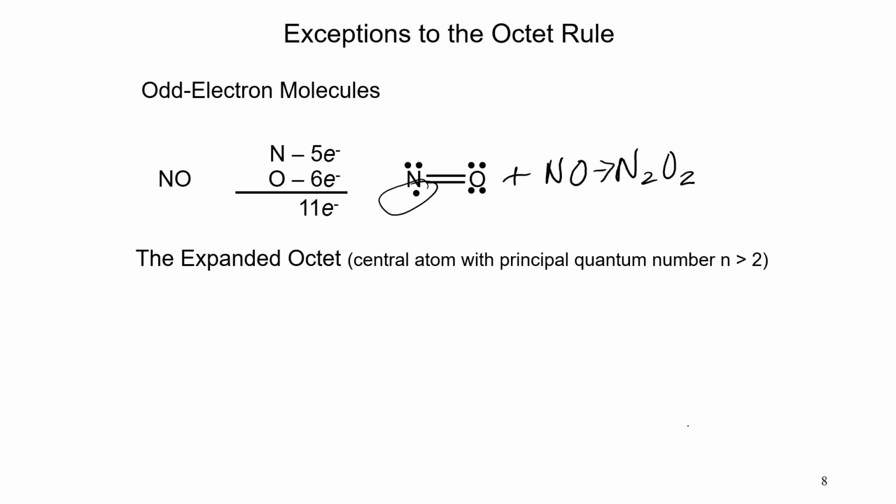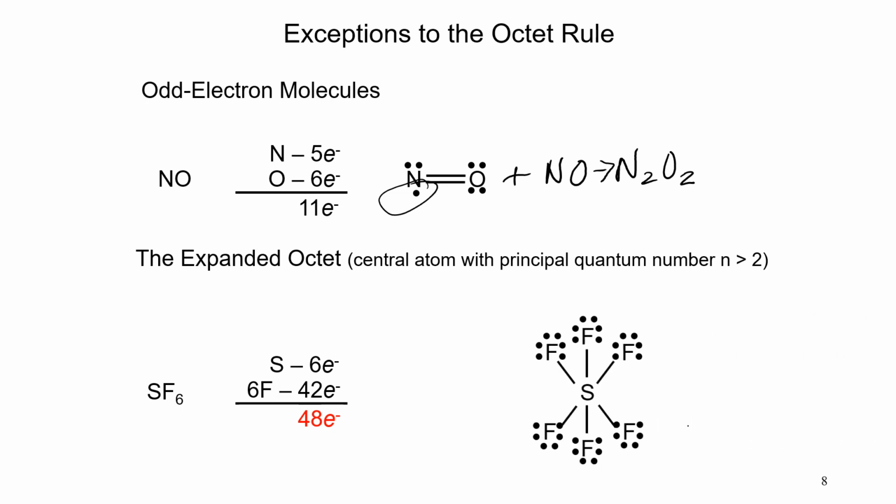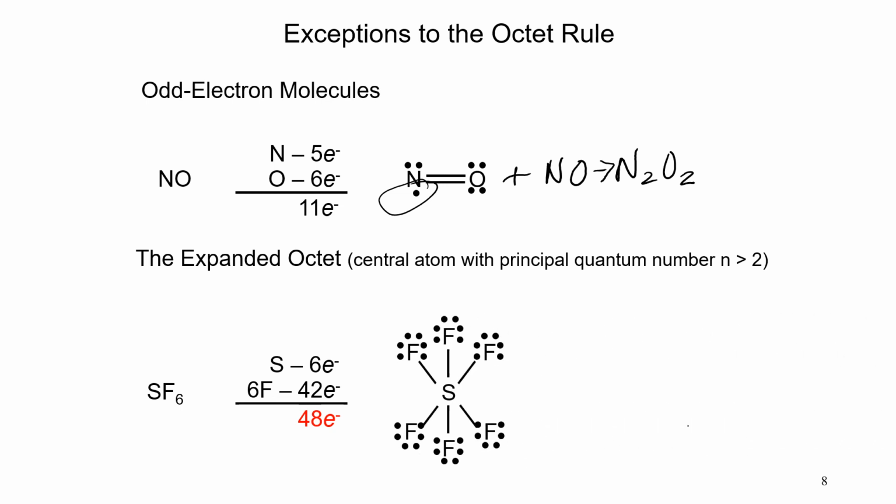And those elements in row 3 then have an empty d subshell, which allows them to accommodate more than 8 electrons. And we'll talk more about how this happens, or is hypothesized or predicted to happen, in a little bit more detail.